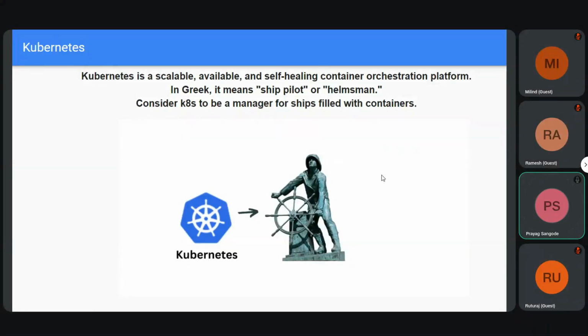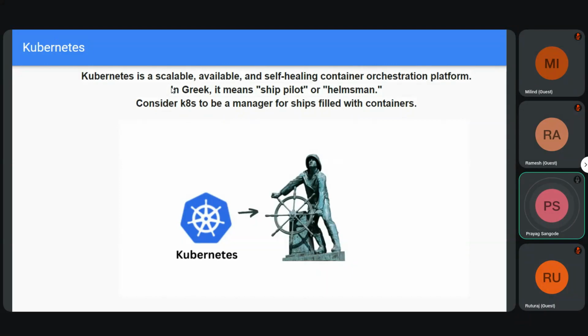By default, containers will not self-heal. Suppose one dies or gets stopped for some reason, we need to restart it manually. But Kubernetes has a self-healing property, so it will restart the container automatically if it finds it is stopped.